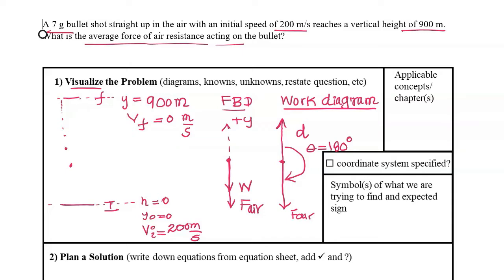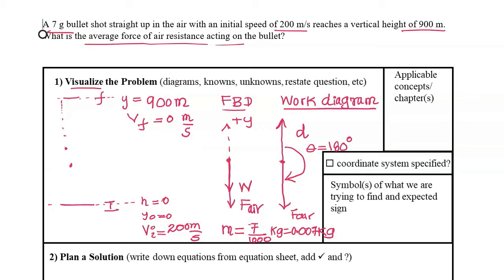The displacement vector is directly upwards. So the angle between the air resistance and the displacement vector is 180 degrees. The mass of the bullet is 7 grams. I'm going to convert it to kilograms, the standard unit, 0.007 kilograms.